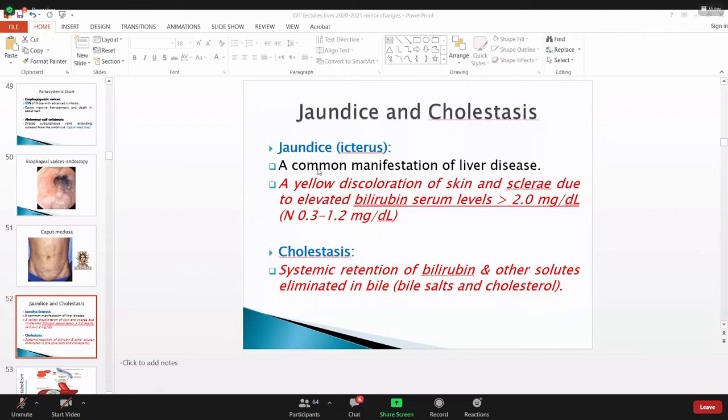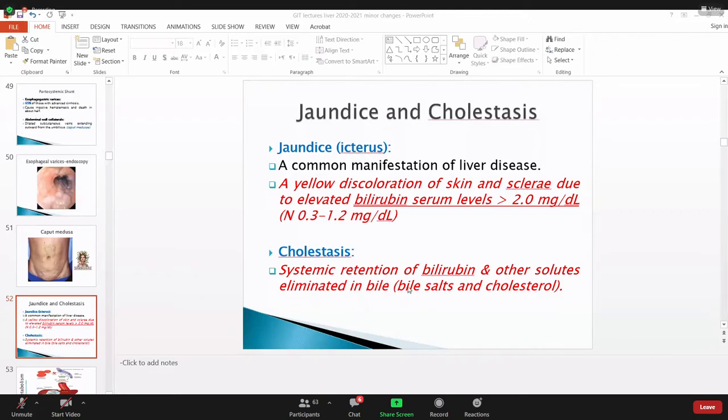الكوليستيسيس is jaundice، يعني hyperbilirubinemia زائد retention of the other bile salts and cholesterol، وبتصير mainly الكوليستيسيس بالpost hepatic obstruction، لما يصير obstruction to the flow of the bile برا الليفر بيعمل لي cholestasis.